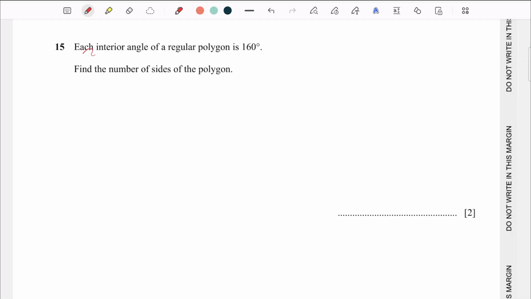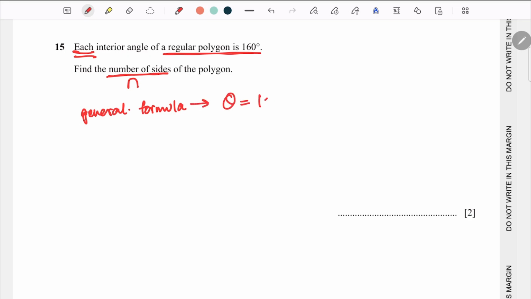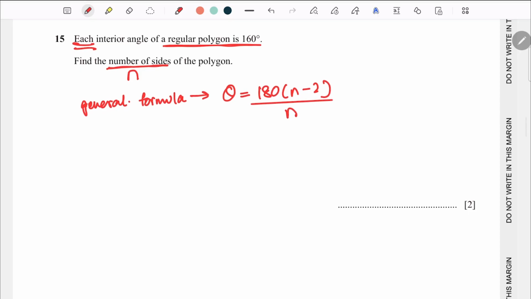Question 15. Each interior angle of a regular polygon is 160 degrees. Find the number of sides of the polygon. Number of sides basically means n. The general formula for calculating the angle is: one angle will be equal to 180(n − 2) divided by n, where n stands for the number of sides.